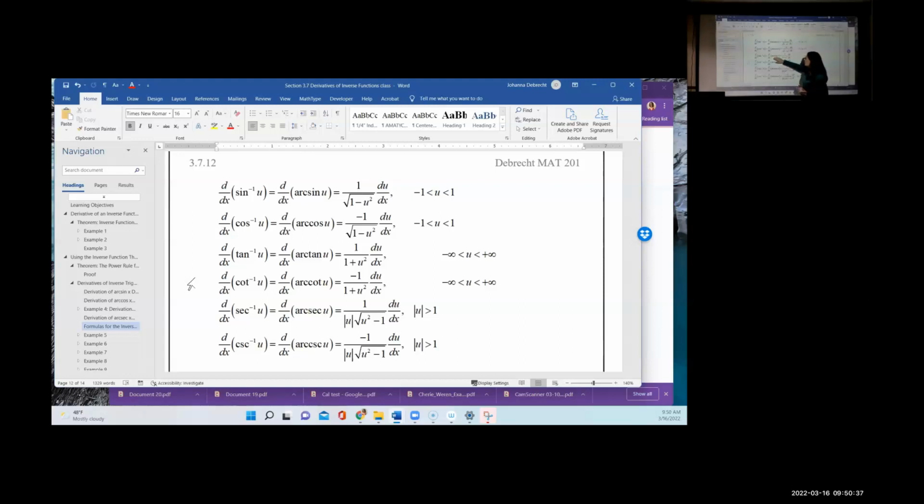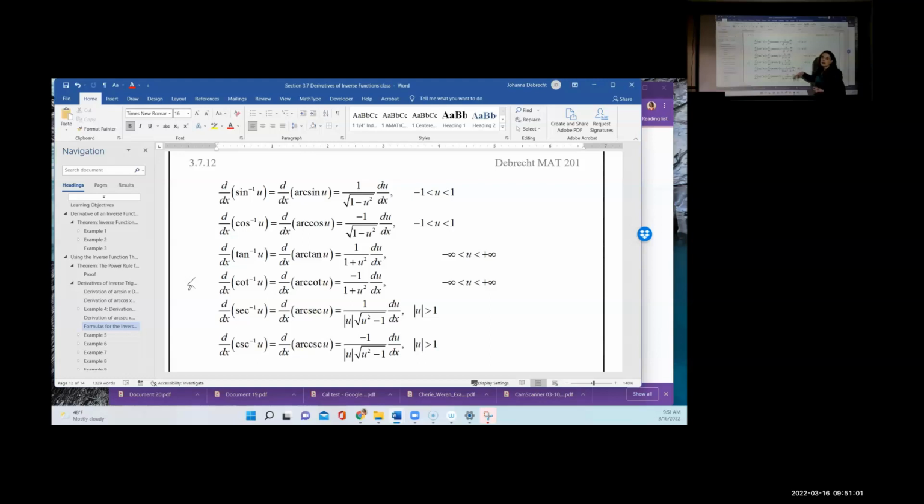Then we have arctangent, which we found was a rational function, 1 over 1 plus u squared times du dx, the derivative of the inside function. There's no restriction on the u here. U can be anything from -infinity to infinity. There's no way when you square the u that it can end up being a -1. That's the only thing that might cause a problem.